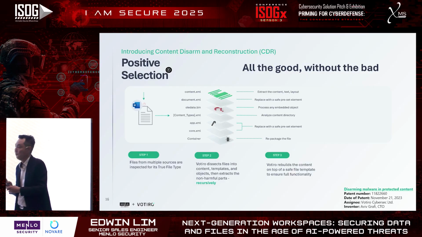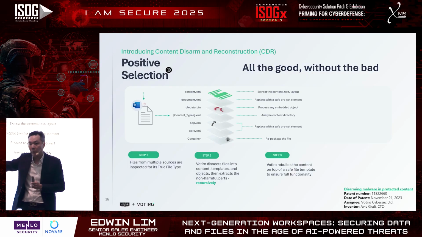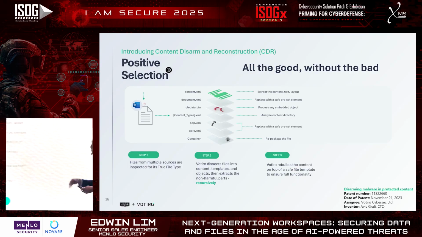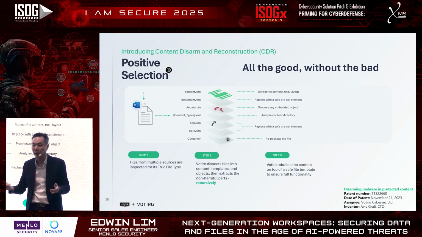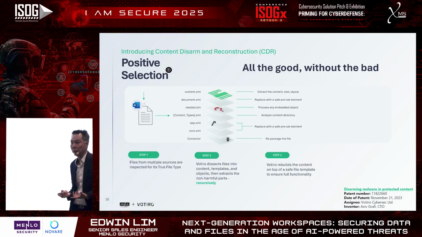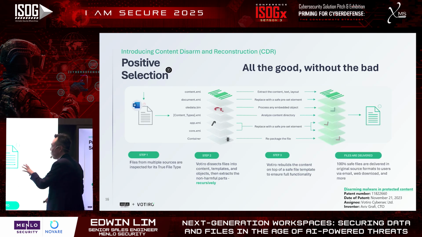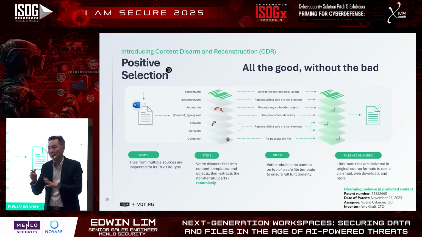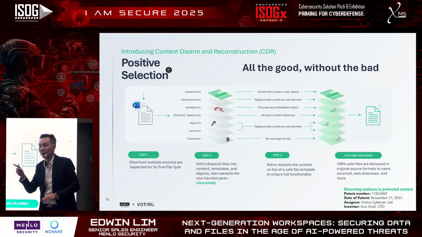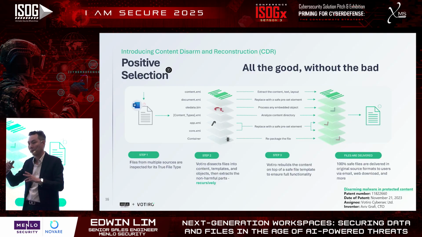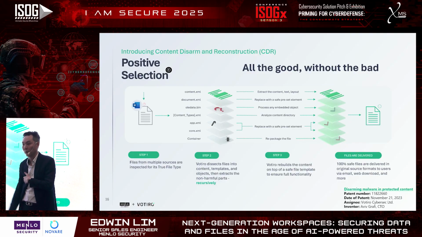What we do is we pull out the information that matches the template and put it in a new template. Anything that is unknown, like maybe malware or a remote code execution, will be left behind. The new file will be a full file that has been sanitized and doesn't contain anything foreign to that particular template, in this case, a Word document.